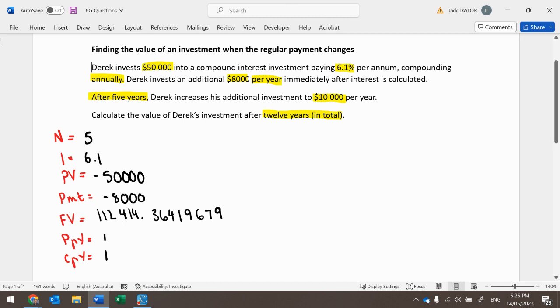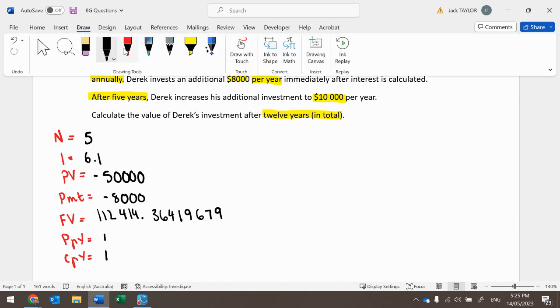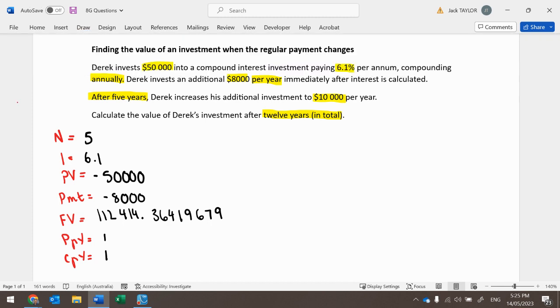Okay, so this is where the change occurs. So now the payment is changing. We need to know what to put where. We need to make sure that our variables are going in the right spot. So I'm going to first set up the next one. We'll be changing a few things here.